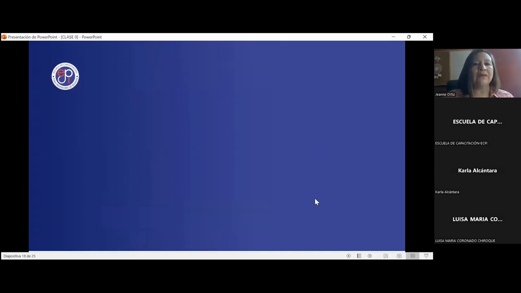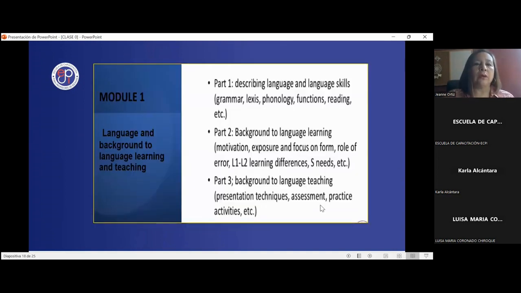Then we have TKT Core. It's a little more demanding, Module 1 for TKT Core. We are going to work language and background to language learning and teaching. And they have 3 moments in Module 1 that are really demanding in refreshing what we have learned while we were learning the language.